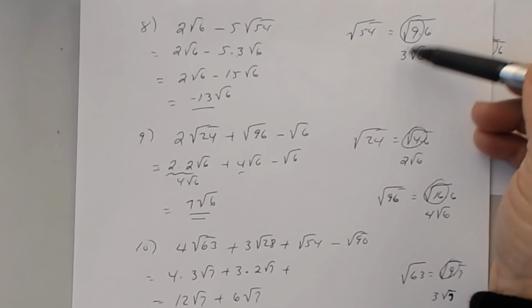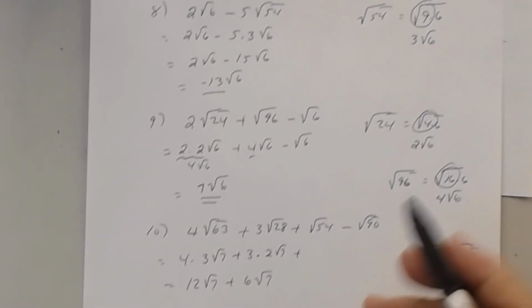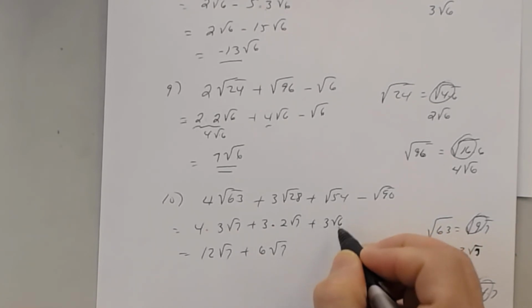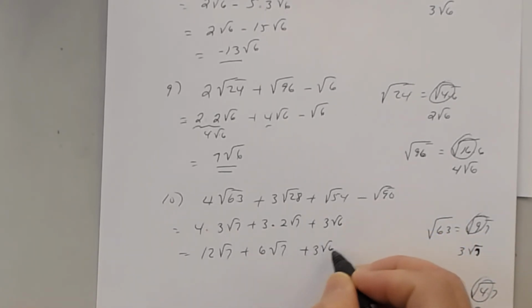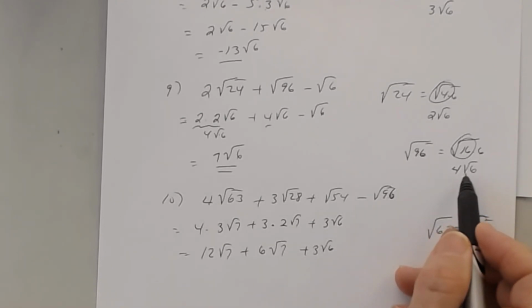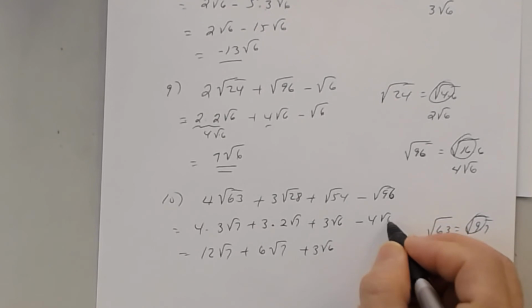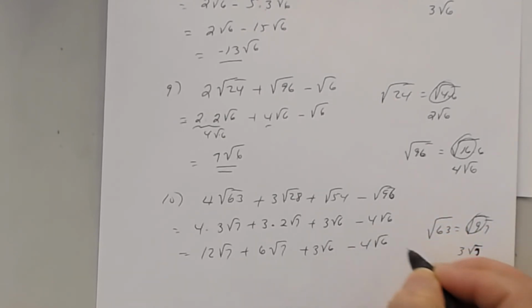So square root of 54 is what? 3 square root of 6. And then 90, that's 96, by the way. 96 already done, what is it? 4 square root of 6. We're almost done.